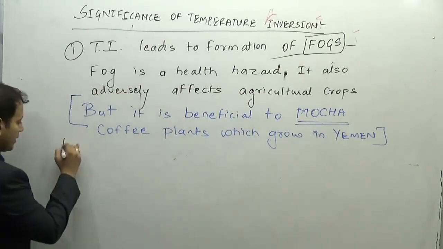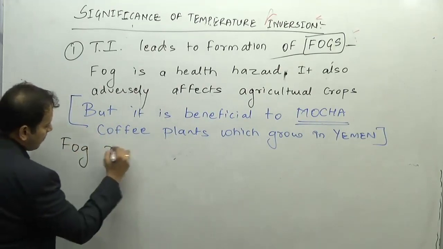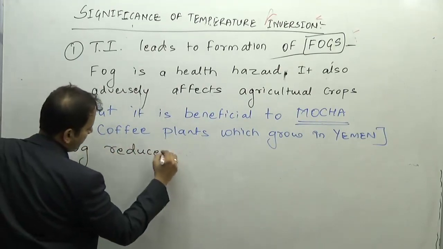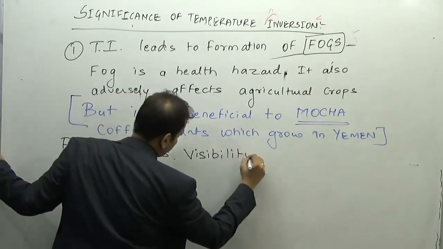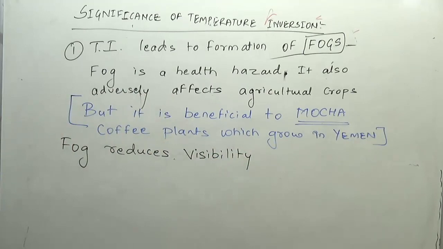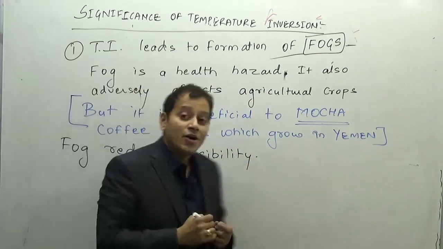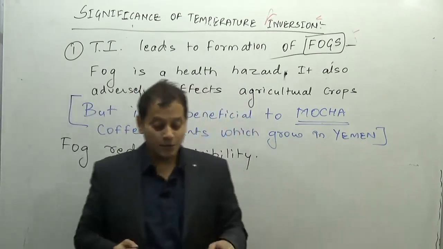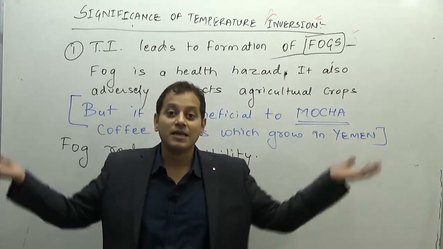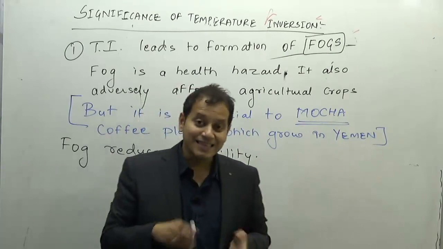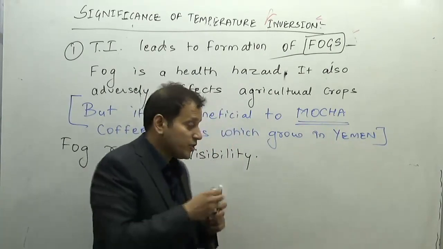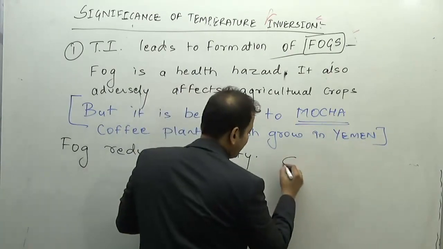So, fog reduces visibility, causing accidents or disrupting the transportation system. For example, as I told you, the Titanic, because that occurred in the area which we will do in oceanography. It occurs in this area of North America.